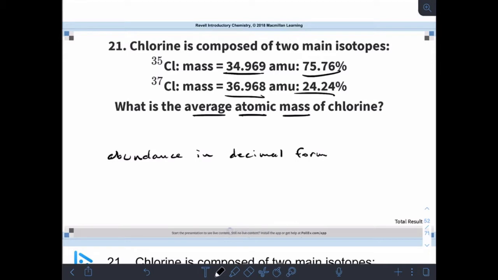The way you go about that is you take the percent and divide by 100. So in this case, if I have 75.76% divided by 100 will give me 0.7576. Okay, so now that we know that, let's go ahead and tackle this problem.